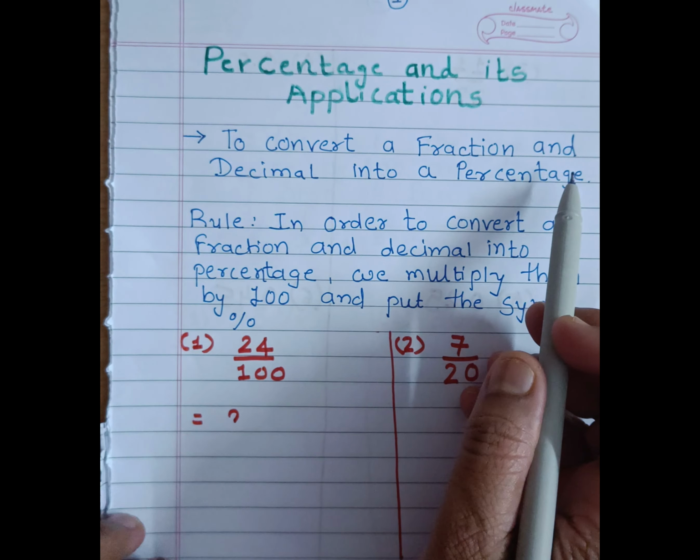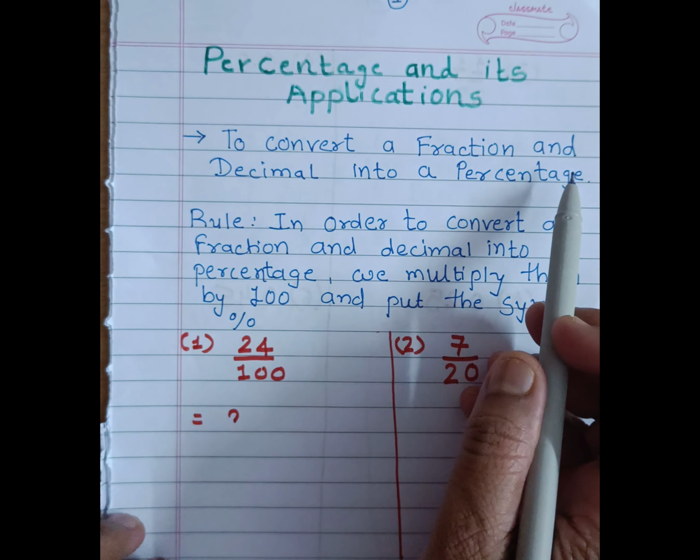Now 12 by 50 is equal to 12 by 50 multiplied by 100%. Now 50 twos are 100, so it is equal to 12 multiplied by 2%, which is equal to 24%, which is our answer.